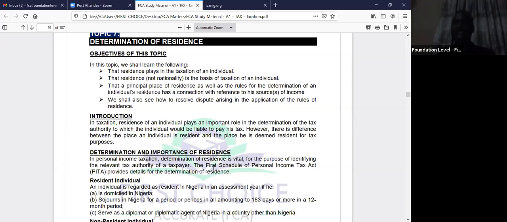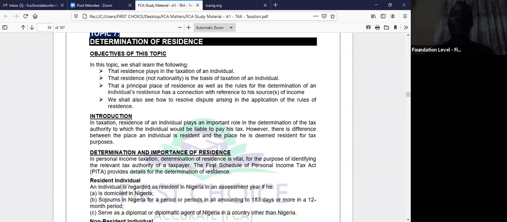He has a dwelling in Nigeria. So when you see your form and they ask you your permanent place of residence, your permanent address, and you put a Nigerian address, it means you are saying you are domiciled in Nigeria.